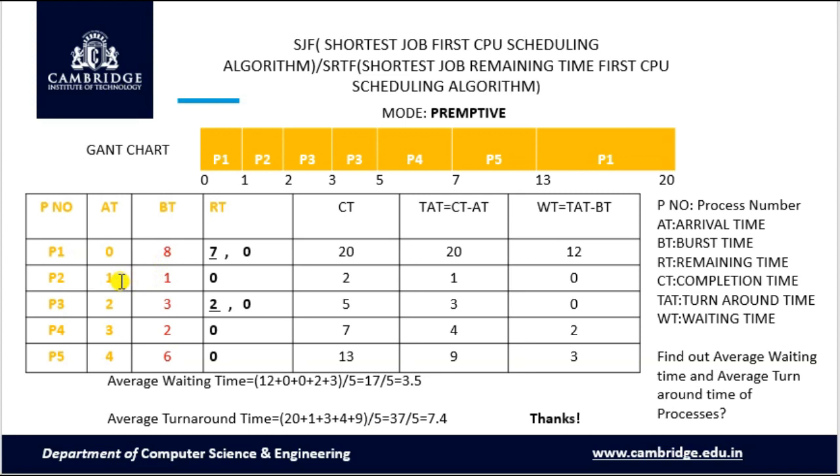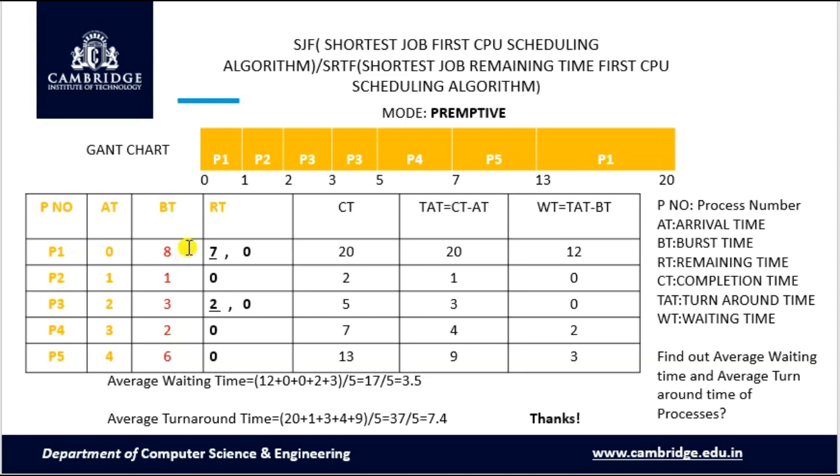So the CPU is going to schedule P1 for only 1 second. That means out of 8 burst time of P1, 8 minus 1 is 7 seconds, which is the remaining time.